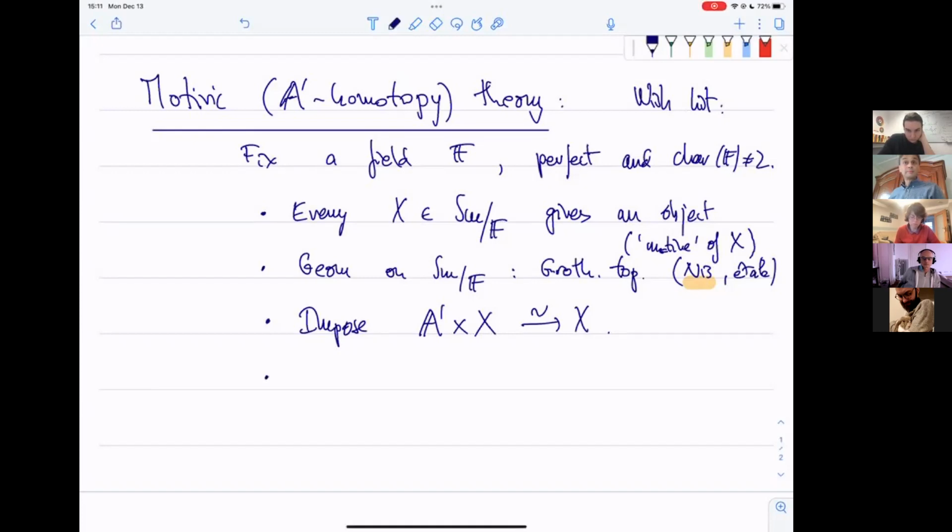And then there is another thing you have to do: the source of the tensor will be coming from the Cartesian product of varieties.